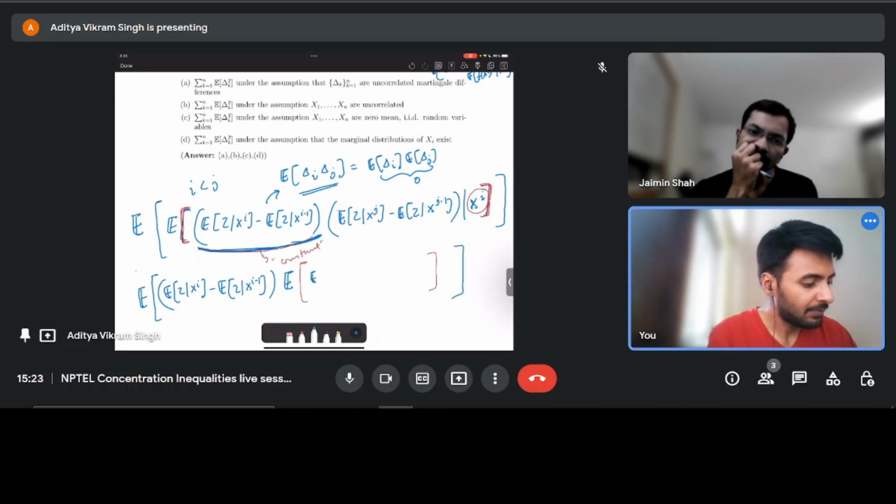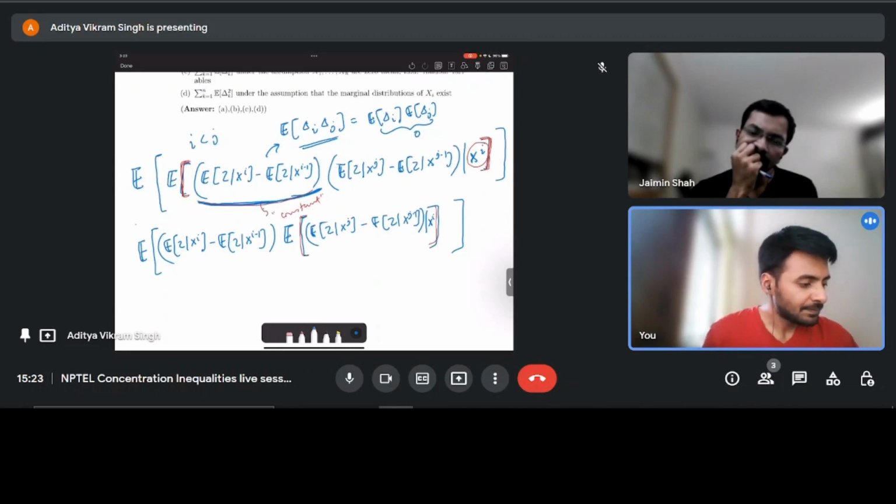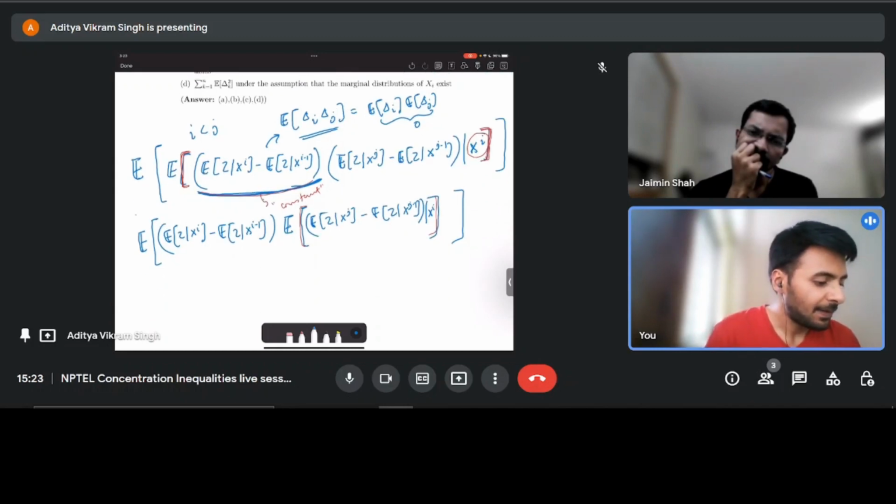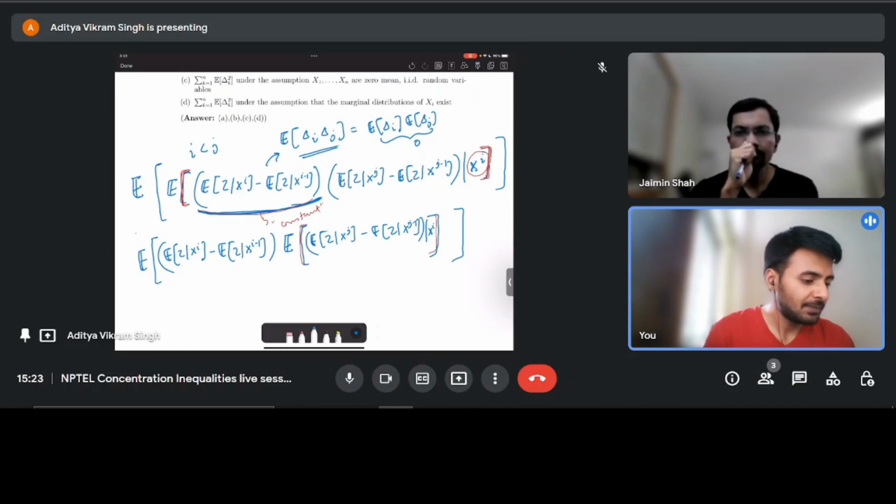We'll have the expectation of z given xj, minus the expectation of z given xj minus 1, and this expectation is given xi, in this bracket. So first we used this property where, since we are conditioning on xi and this is a function of xi, we took it outside because it acts just as a constant.